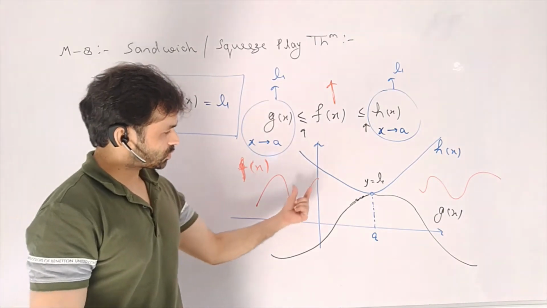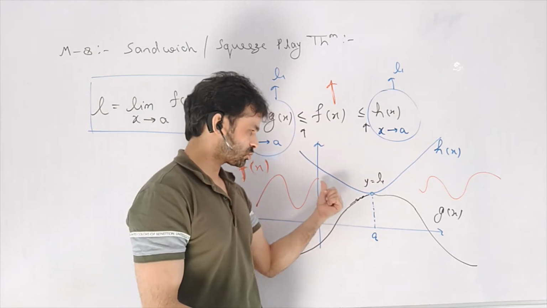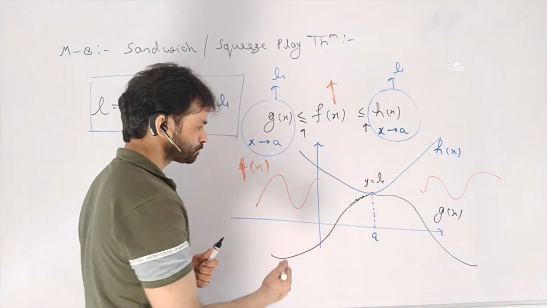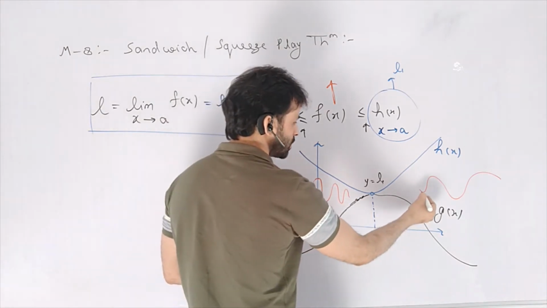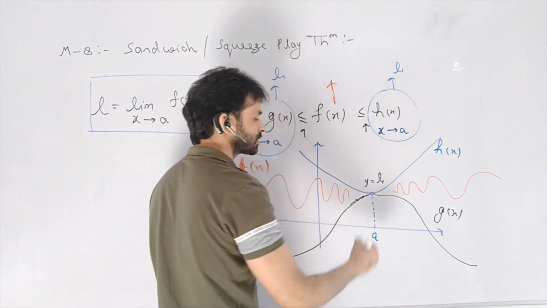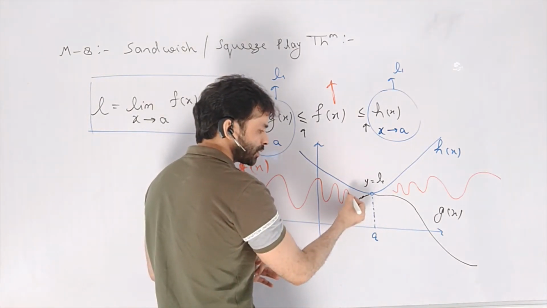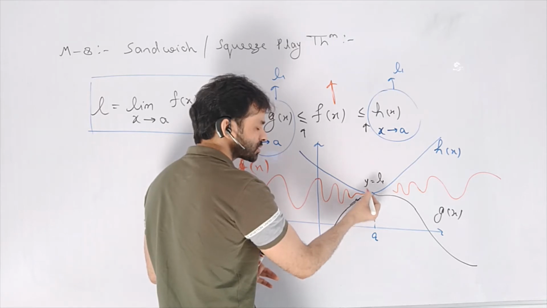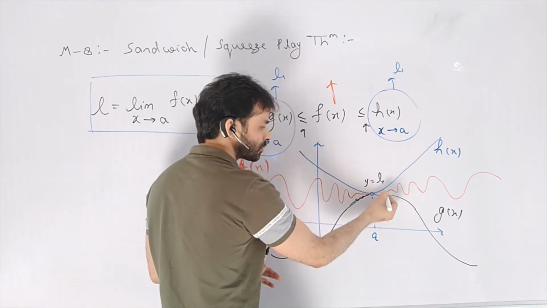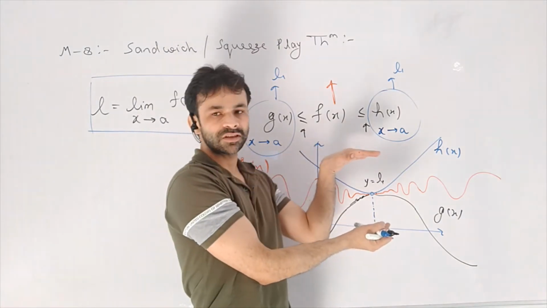Now, to come close to this point a, f(x) can be like this here, and like this here. But close to the point a, f(x) has to pass through this region in between, because it has to be always in between these two.